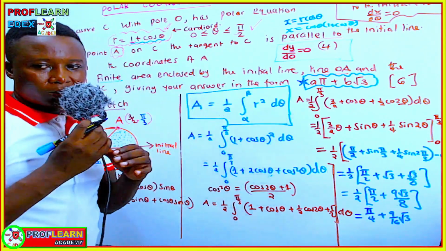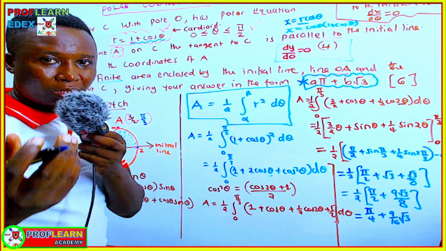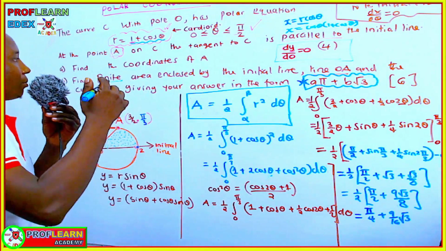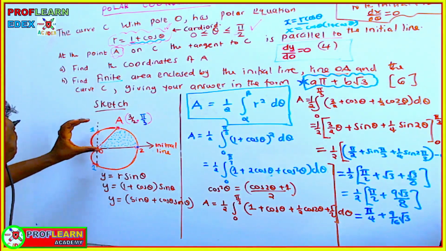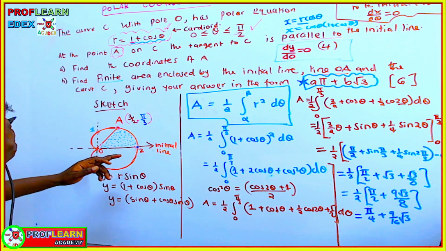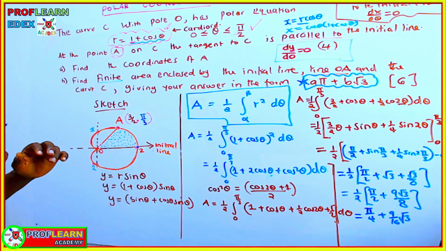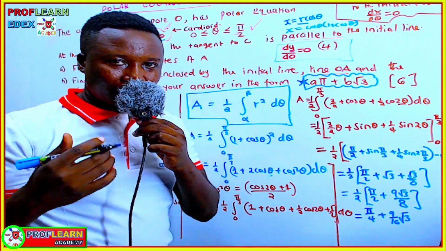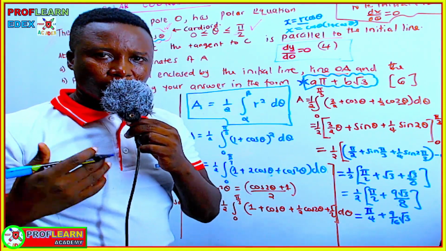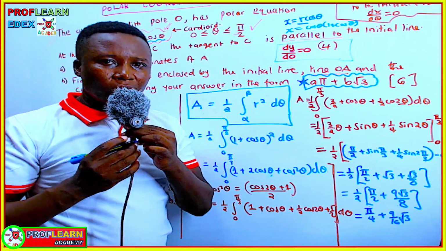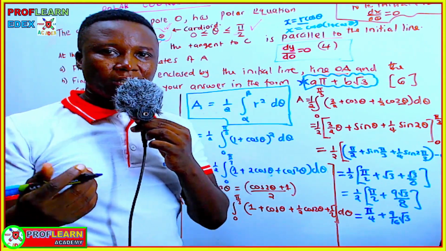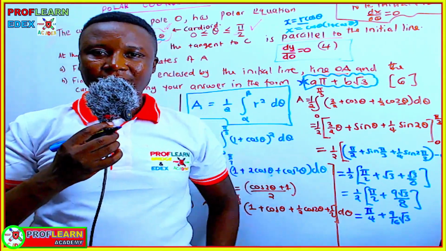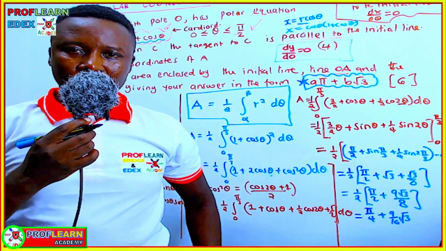So what is the most important thing that you are supposed to do when you are given a question like this? The most important thing that you need to do is to sketch that curve, and then you go ahead to work out the area that is expected. One of the advice I'm giving when you are dealing with a question to do with polar graphs is that you need to know how to sketch various polar equations or polar curves.